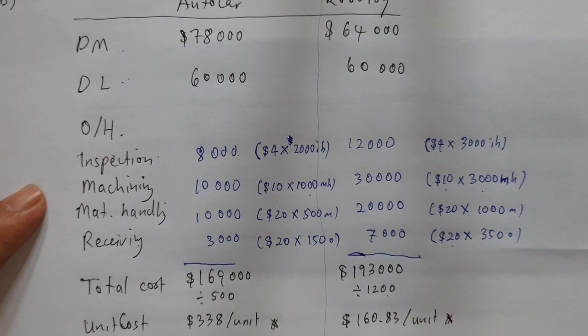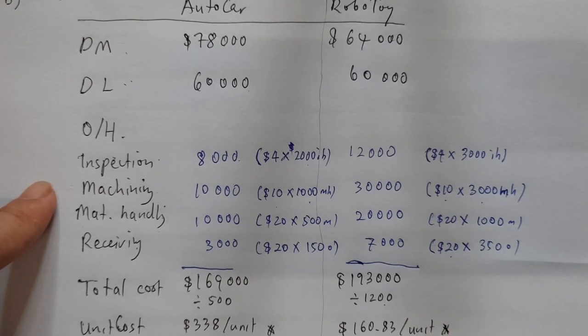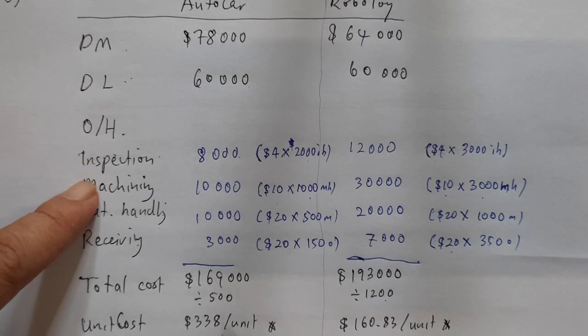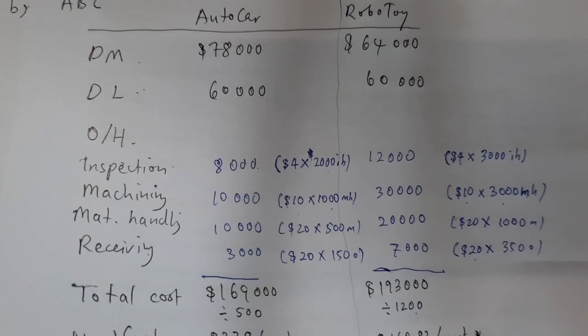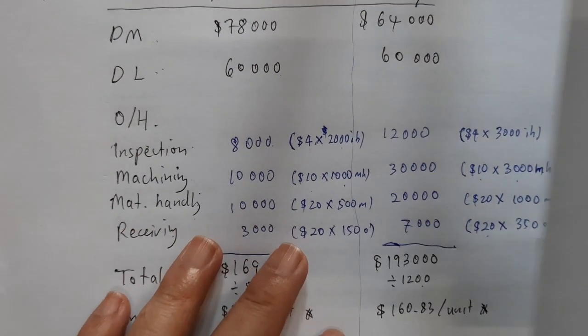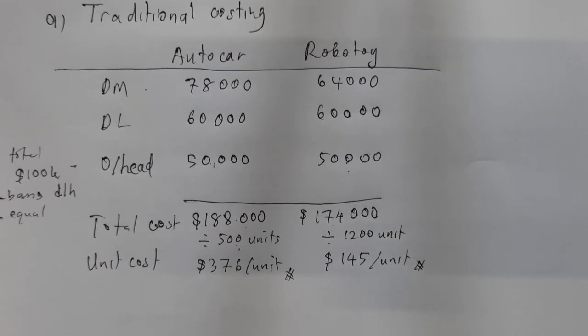Okay, so now this is the unit cost when you use activity-based costing. $338 and $160.83. Before this, you have calculated the cost using the traditional costing.